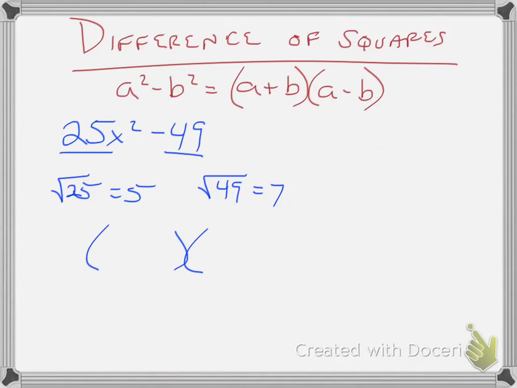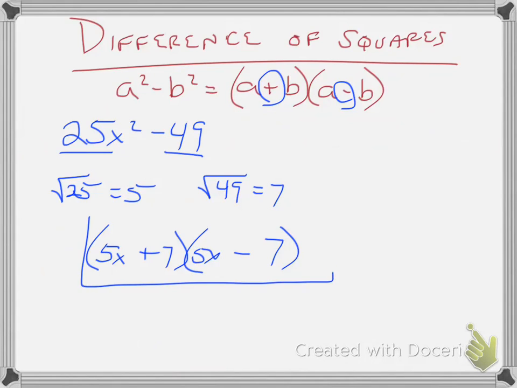So this becomes 5x and 5x, this becomes 7 and 7, and the only difference with the signs, notice, is that one's positive, one's negative. And again, you can double check it by doing the FOIL, and what happens is the two x terms will end up canceling out.